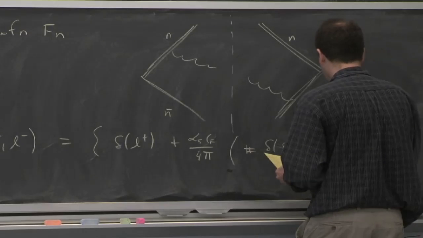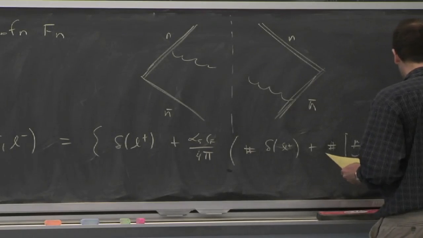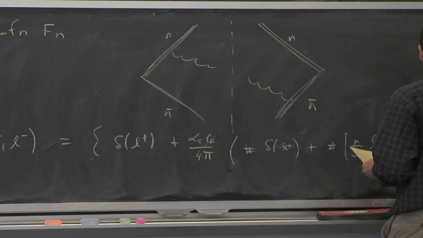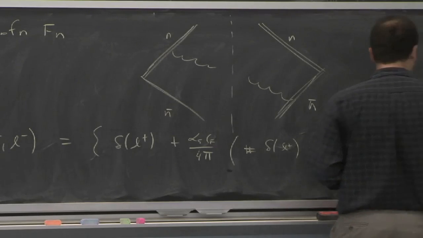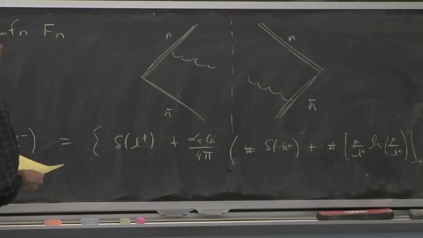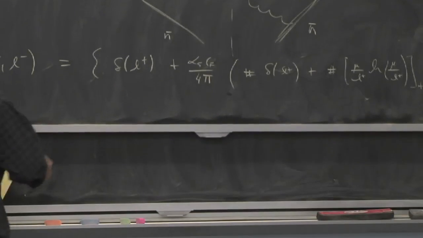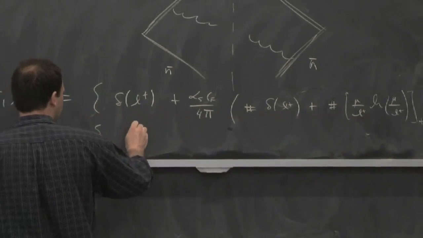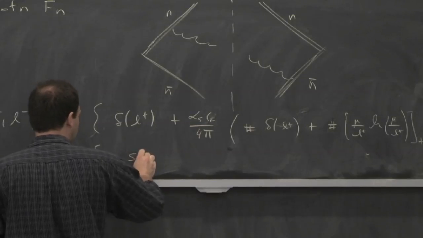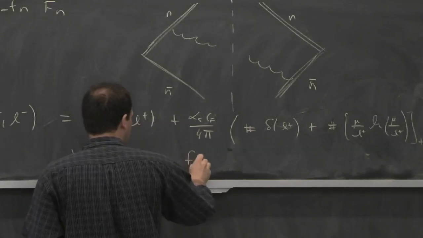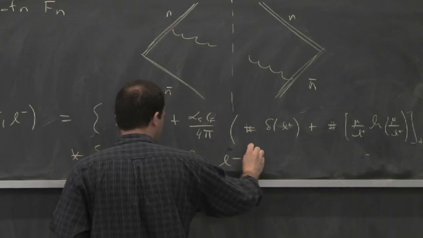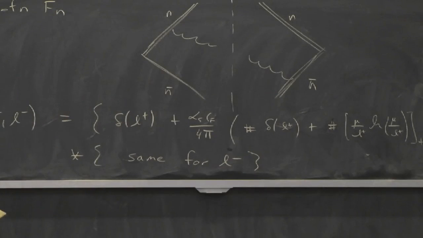And it turns out there's no single plus function, but there is a plus function with a logarithm in this case. And then the same for L minus, same structure. It's just a product, if you like.